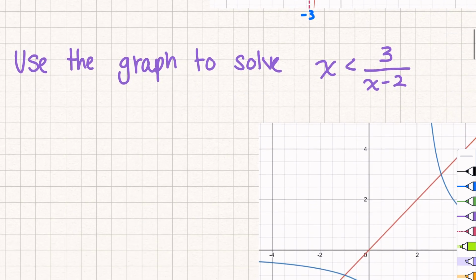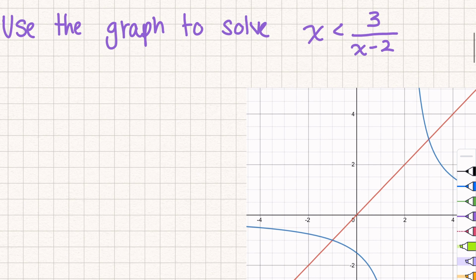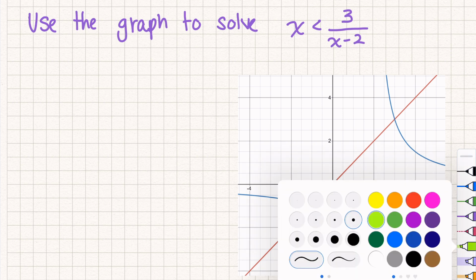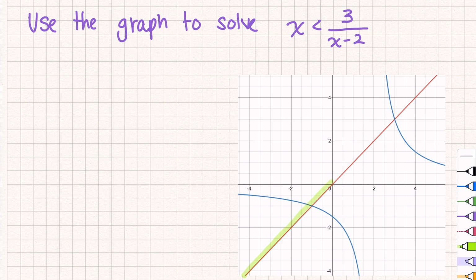Let's try one more. This time we're going to use the graph to solve when x is less than 3/(x - 2). The first thing we need to do is identify our two functions. The first function, y equals x, is our diagonal line. And then 3/(x - 2) is our rational function, which is right here.